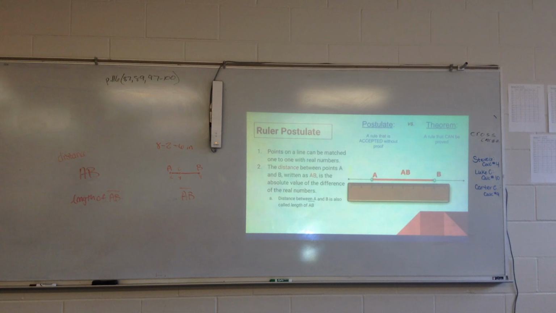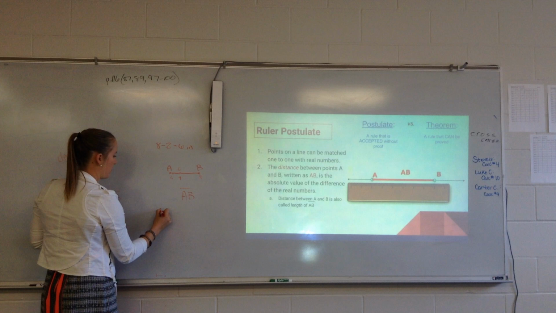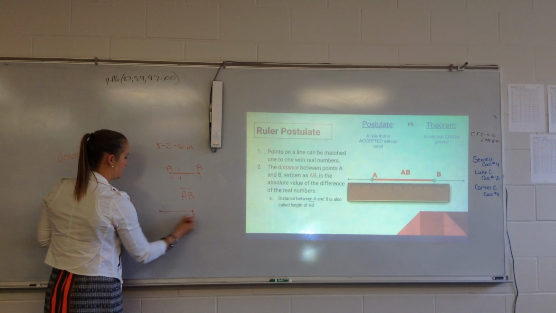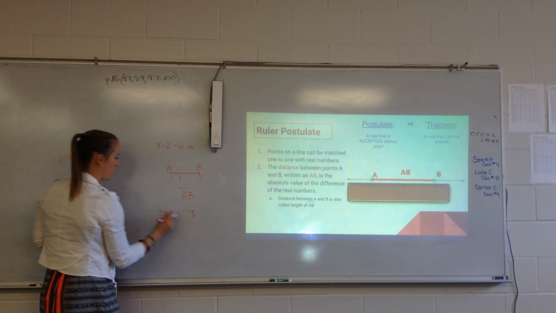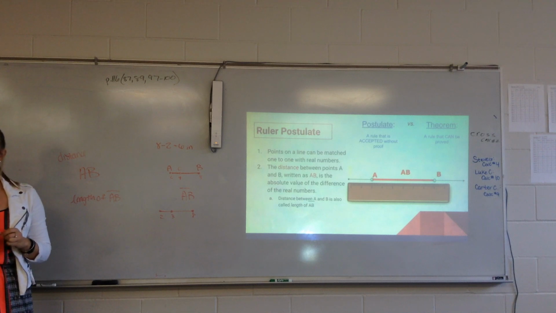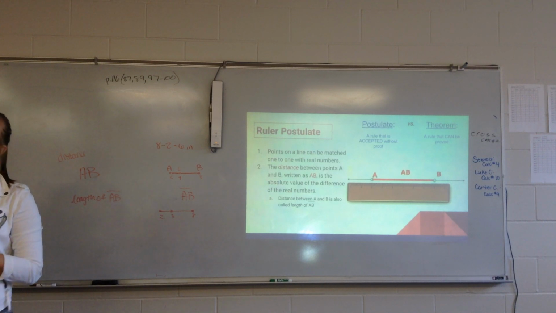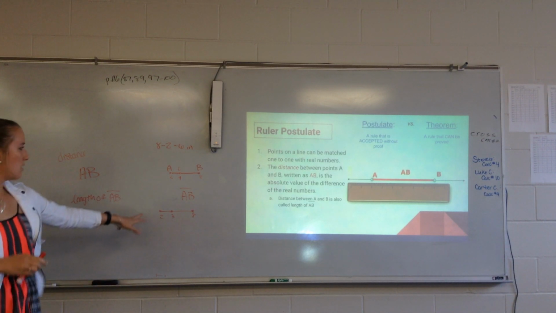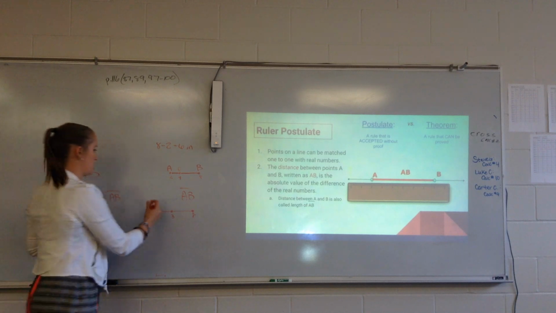Now, can anybody tell me something about your two segments? So let's pick, Dylan, where did you put yours? 3 inches. You put it at 3 inches? So what can you tell me about the two segments that you have? That AC is 3 inches and CB is 3 inches.